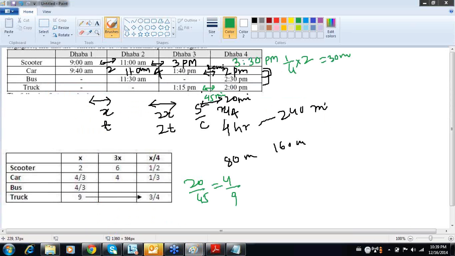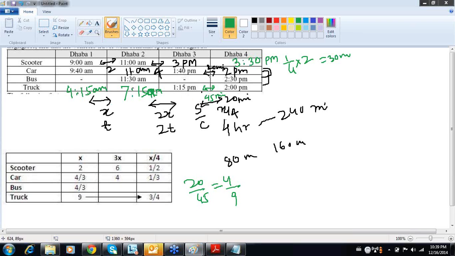So, now try to back calculate it. If you back calculate, this will come out to be 7:15 p.m. AM, sorry. 4:15 AM. Now if you ask me how it came, just see.